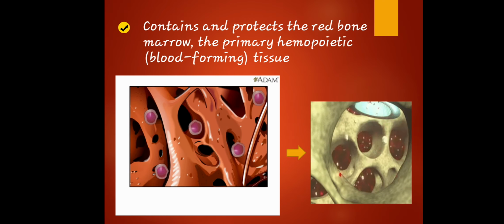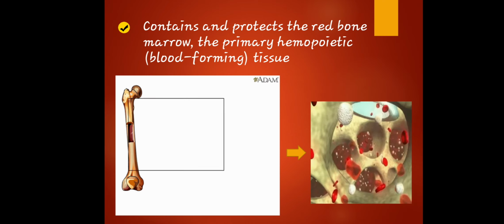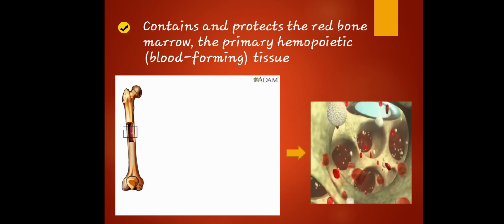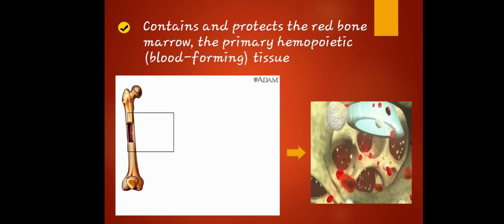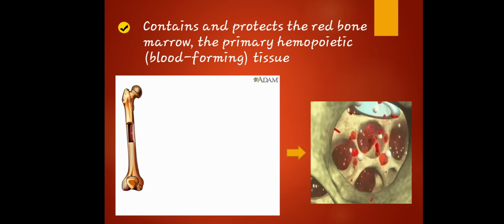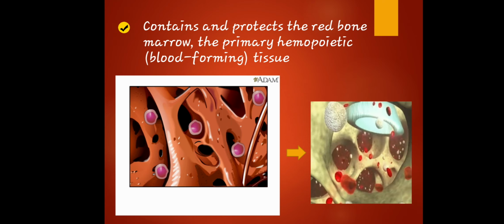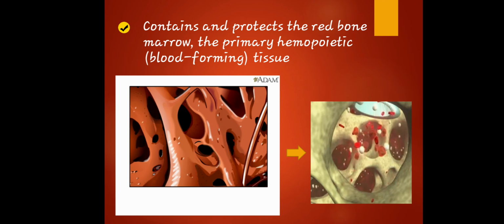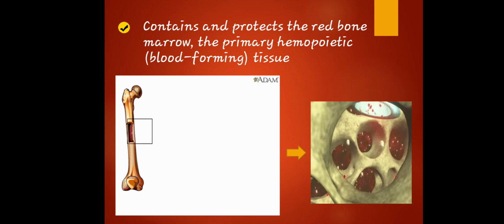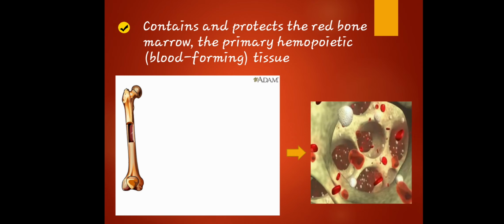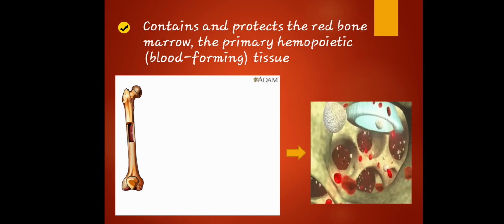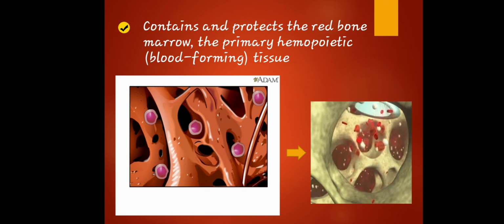So aside from protecting and supporting the internal parts, which are the heart and the lungs, our bone also can protect and contain the red bone marrow, which serves as the blood forming tissue inside. I will give you the information that one of the hemopoietic organs in the hemopoietic system is the bone marrow.